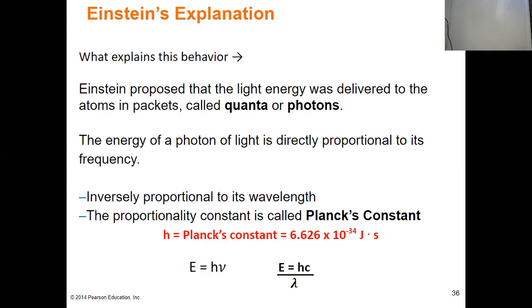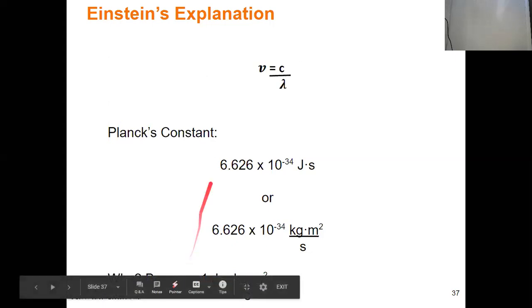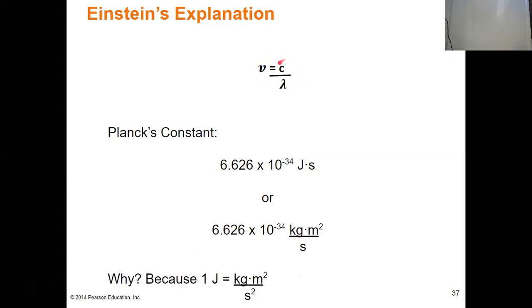These two equations are the same equation though, because if you remember how we defined frequency and wavelength before, frequency is just the speed of light divided by wavelength. So one of them uses this and one of them uses this, but you're either multiplying Planck's constant times this, or Planck's constant times this.